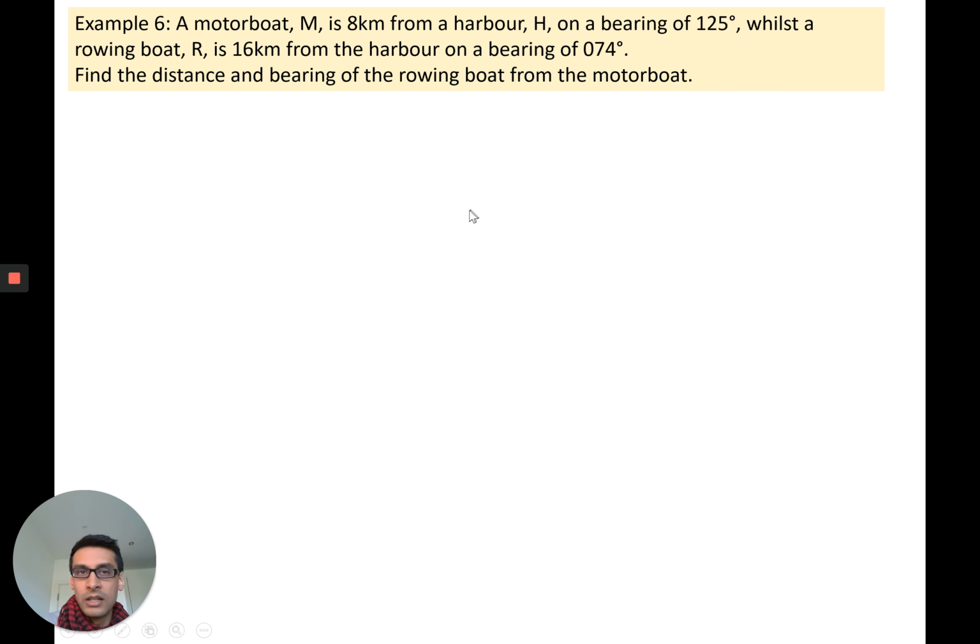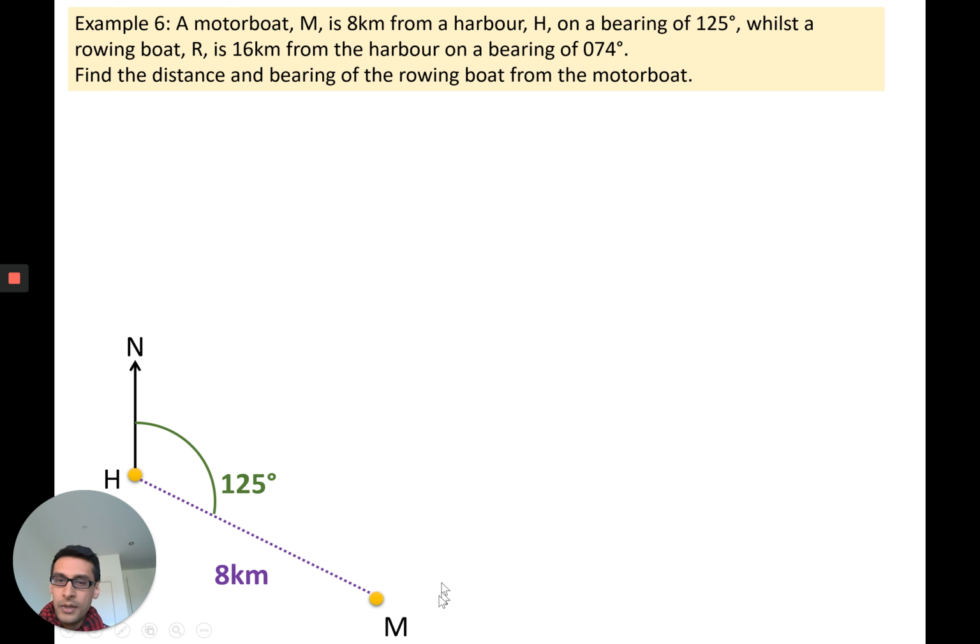Again, try it, and then we'll go. Right, so 8 kilometers from a half. If I is up northern 5 degrees, is 8 kilometers, which is 16 from 74.